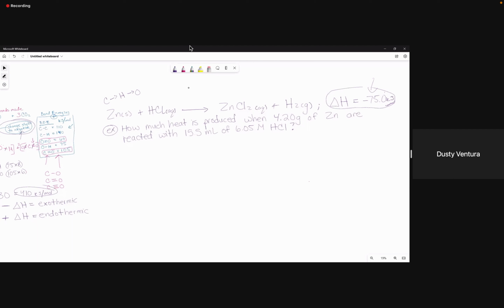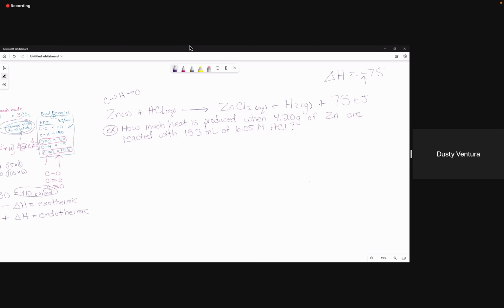Another way you might see this is that heat might just be sitting as a molecule. So the value was 75, so it would just be plus 75 kilojoules. And that's how I'm going to leave it, because that's how I want you to think of it. But I'll put this again up here.